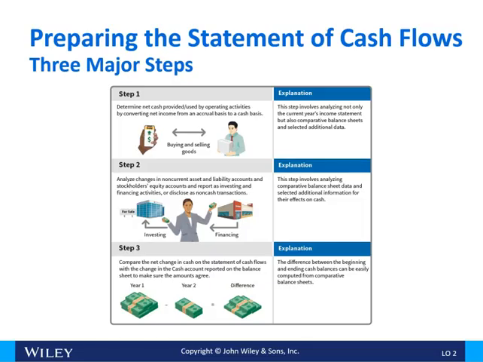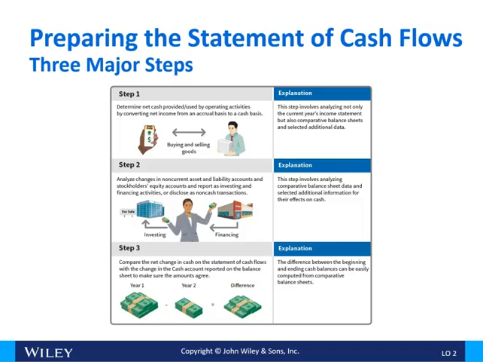Step 2, we analyze the changes in non-current asset and liability accounts and stockholders' equity accounts. Report as investing and financing activities or disclose as non-cash transactions. So we're looking at property, plant, and equipment, intangible assets. We're looking at the long-term investing section of the asset side of the balance sheet.